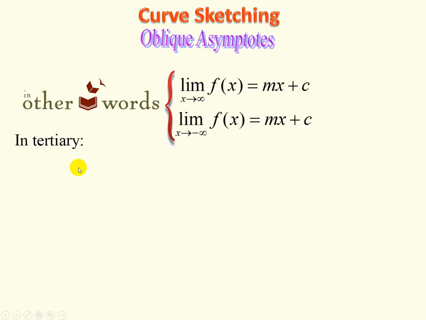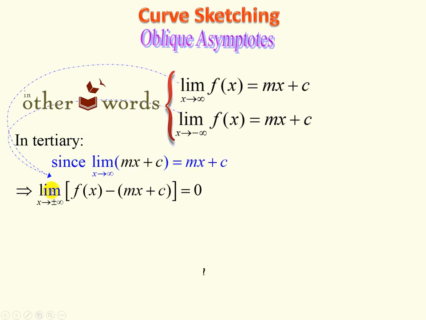Now let's have a brief look at what you'll probably do in tertiary education. You can do this by a formula. First of all, we start by saying the limit as x tends to infinity of f of x minus (mx plus c) equals 0.